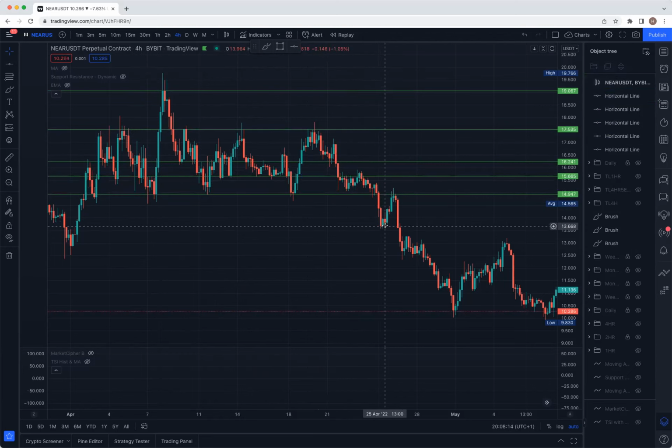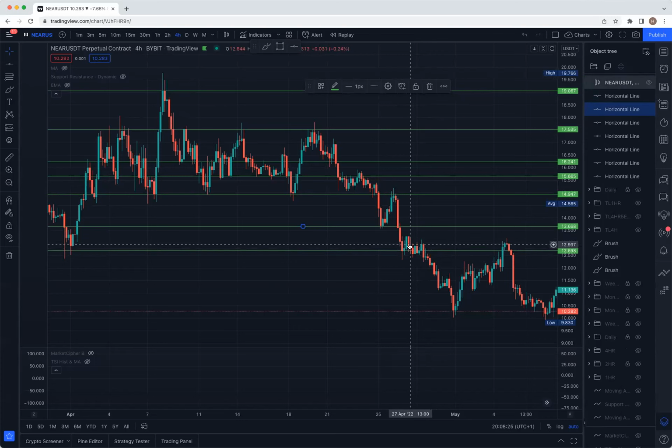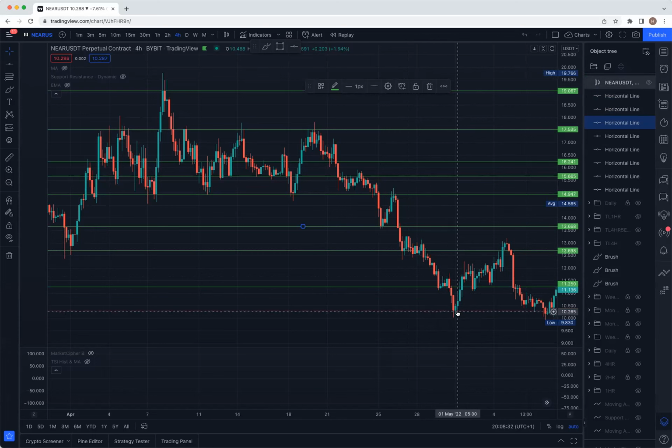Now you come here, there's another support and resistance. There's a support line. The top is a resistance. You come all the way down here, there's one at the bottom here. All the way choppy down here. This one down here.